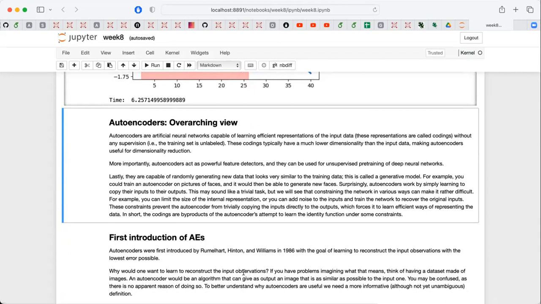So let me just move to the whiteboard and try to give you some basic understanding of what an autoencoder is. So I'm just going to switch to the whiteboard here.